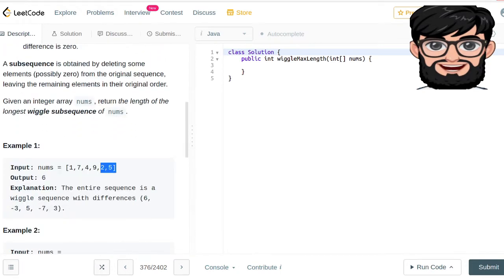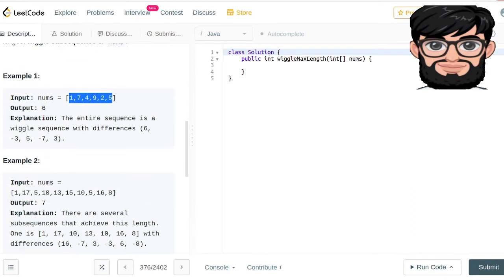So again, we're going to make changes in order to tell what is the maximum length we can have which is going to stay a wiggle sequence. In this case we can include everything, it's going to stay a wiggle sequence.